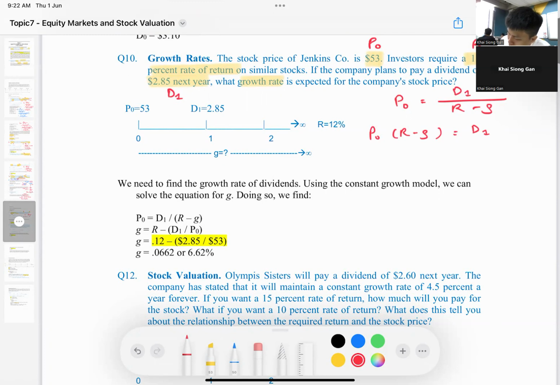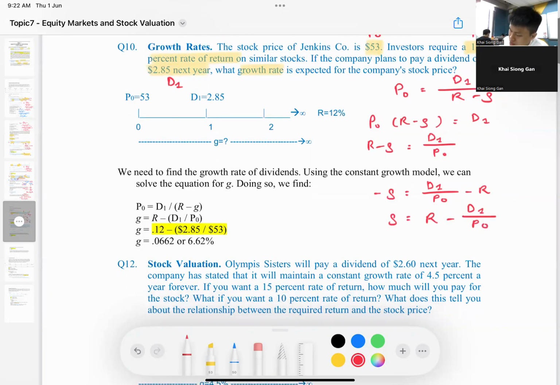Then I can rewrite it as D1 divided by P0 equals R minus g, so g equals R minus D1 over P0. Now I can substitute the numbers in.